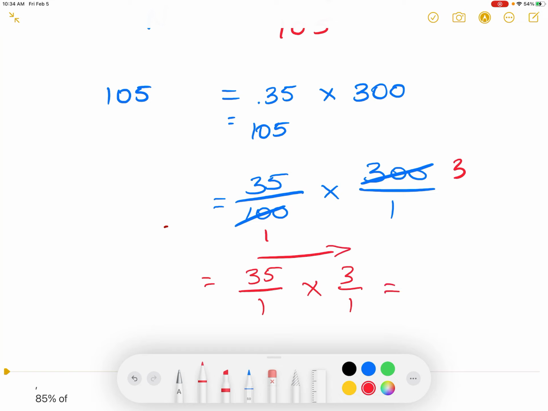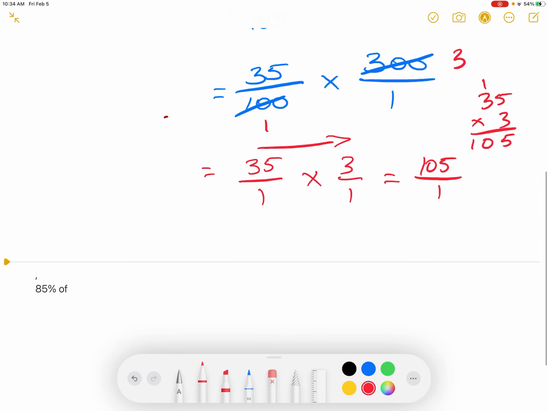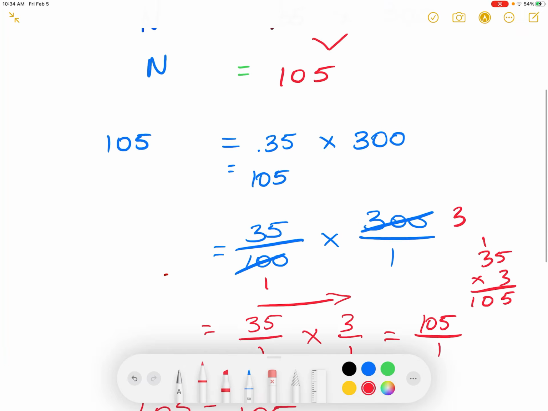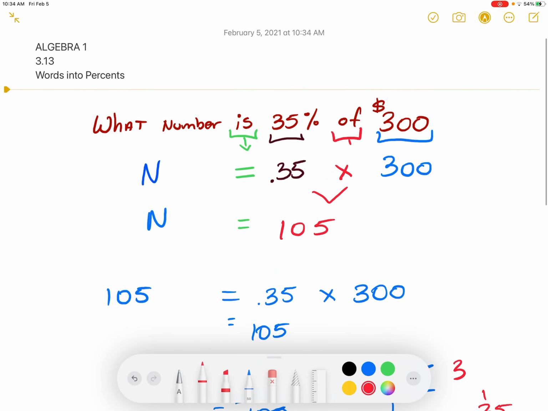Multiply across. 35 times 3 is 35 three times. 3 times 5 is 15. 3 times 3 is 9. 9 plus 1 is 10. 105 over 1, which is the same thing as saying 105. 105 equals 105, and that is how you solve percent problems from sentences.